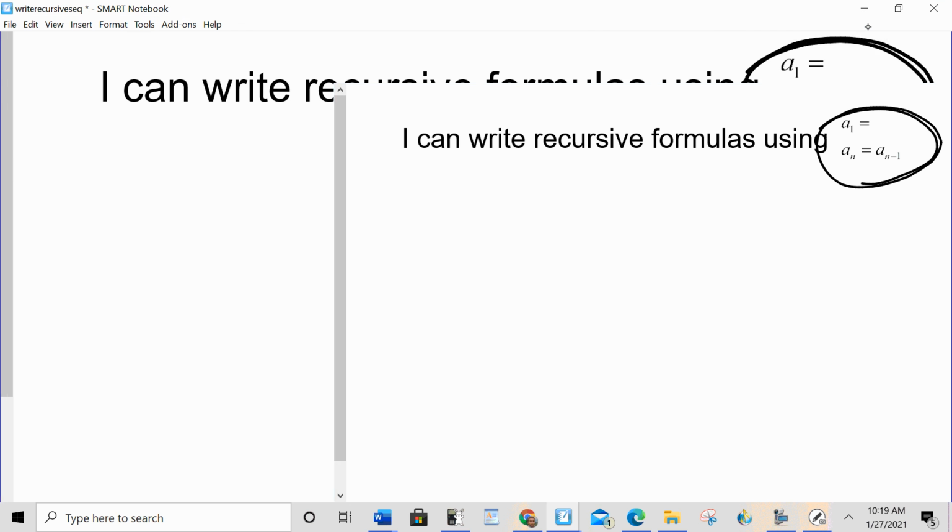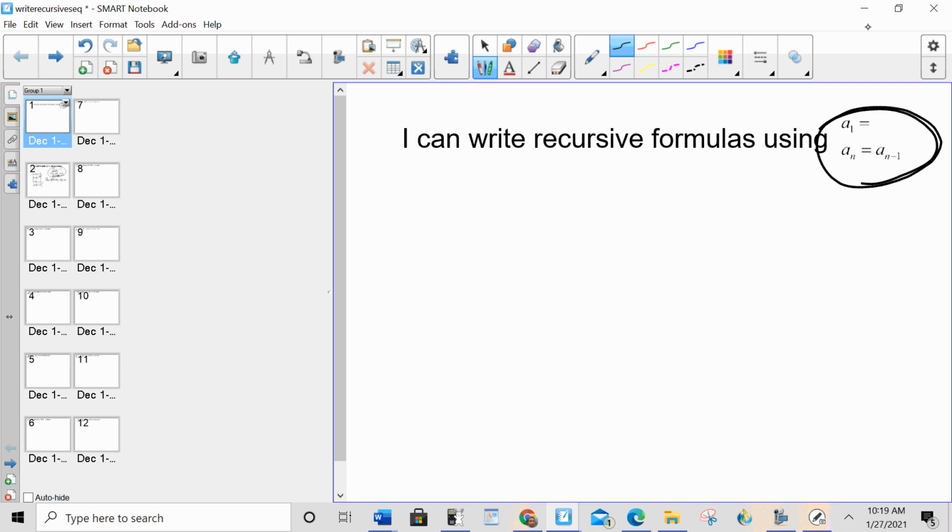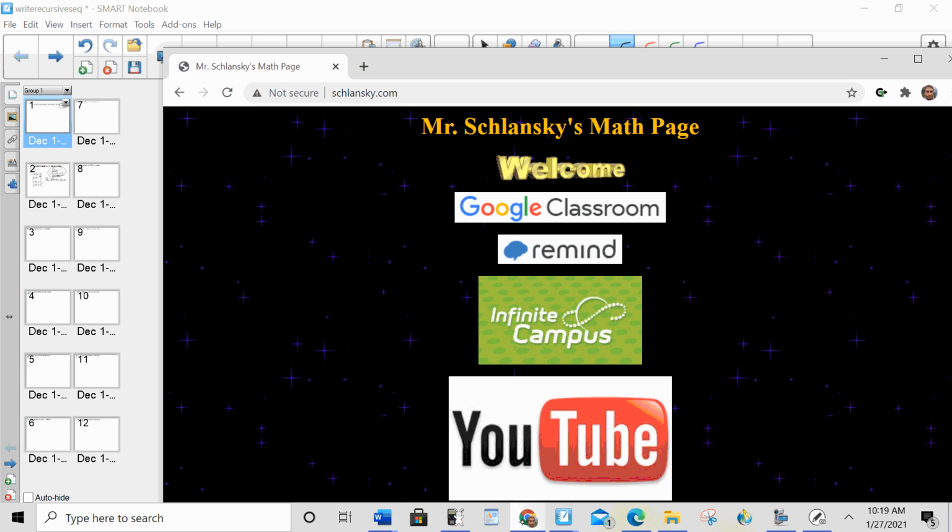To help us remember that, that's the structure for a recursive formula, we have our song.